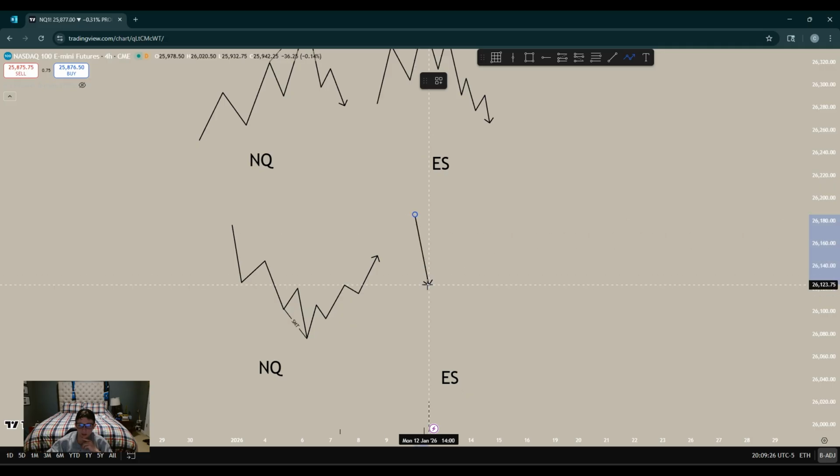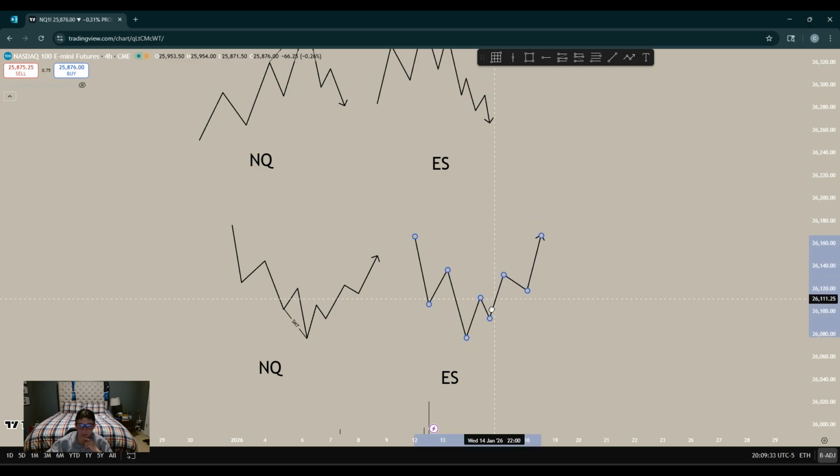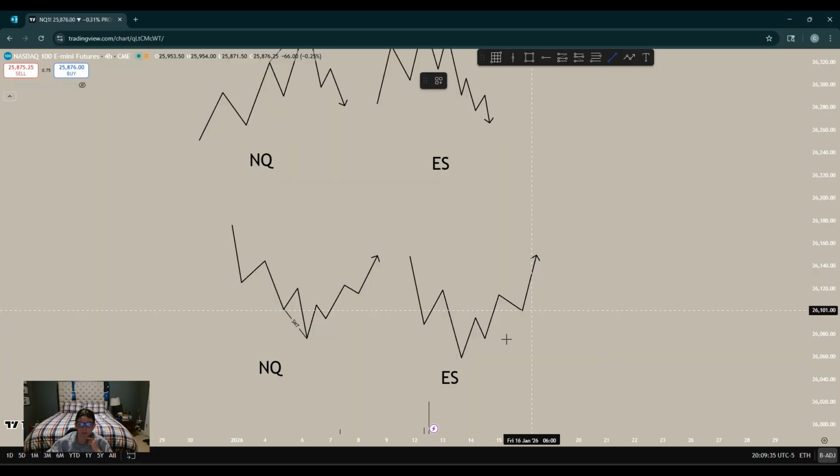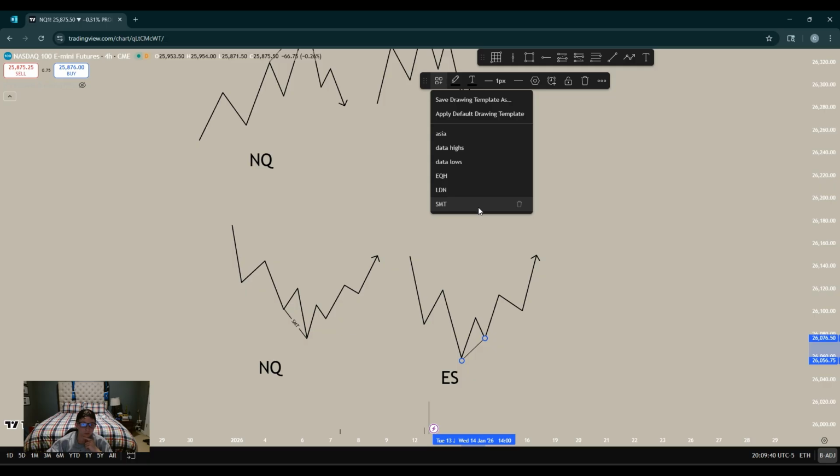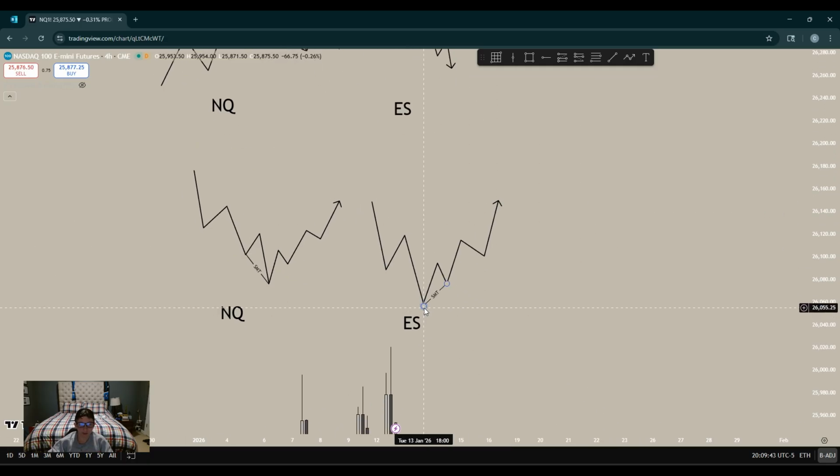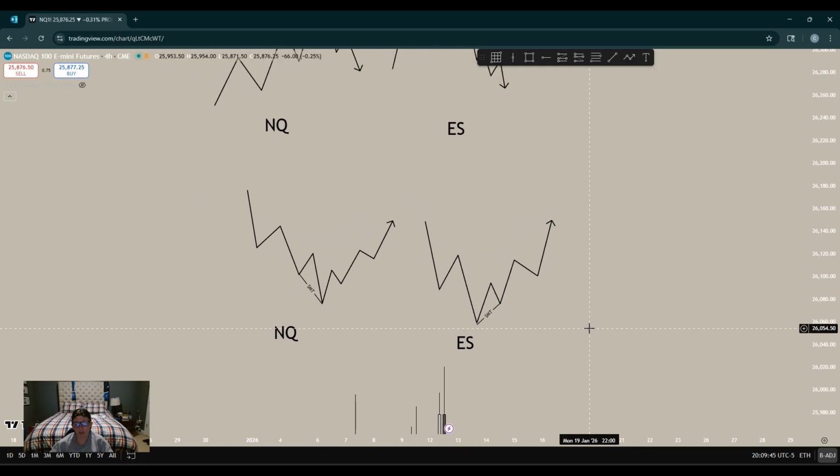NQ takes the low, ES does not take the low. So this would be another SMT example, just in a bullish sense. And it doesn't matter which pair actually does take the low or the high. ES could take the low or the high and NQ didn't. It just matters that there's that discorrelation in the pairs.